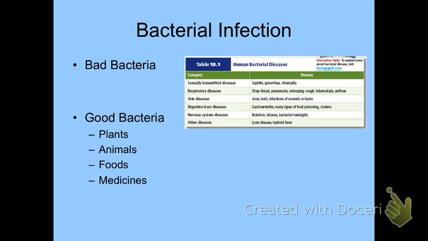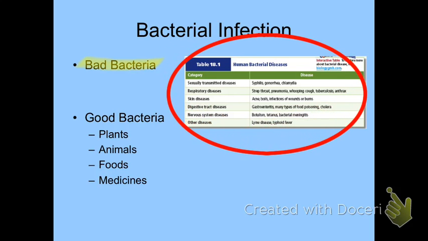Let's talk about bacterial infections. Bacteria are commonly thought of as being the bad guys, and that's the case a lot of the times. You can see right here in this data table lots of diseases that are caused by bacteria.